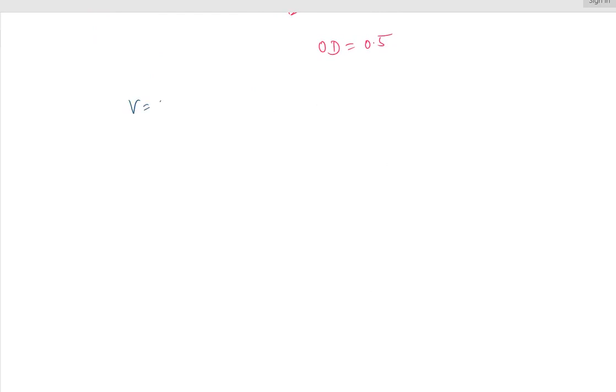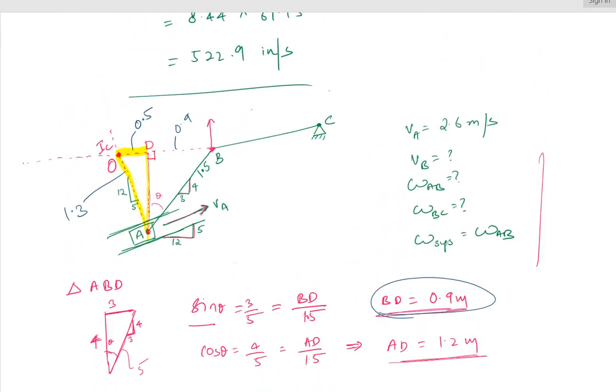V equals R omega, so VA would be equal to OA times omega AB. VA equals this radius OA times omega AB.